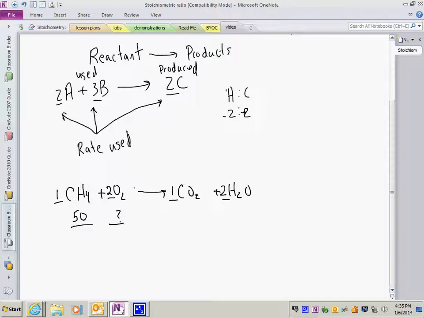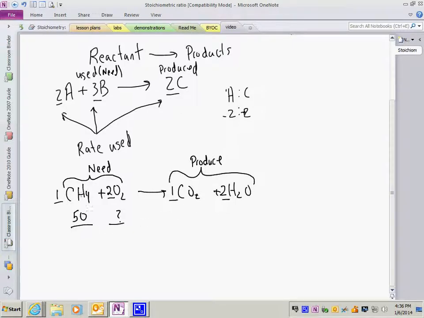Keep in mind, anytime I solve for a reactant, I'm solving for a need, something that is going to be consumed. We need this to build with our 50 methanes. Anytime I solve for something on the product side, it is a produce. Again, here used, need, and here's produce.